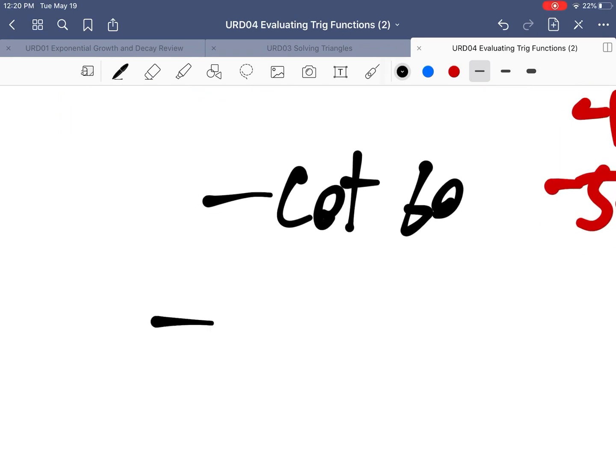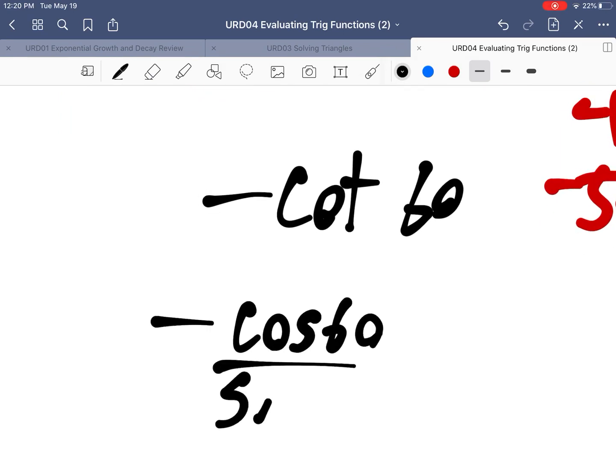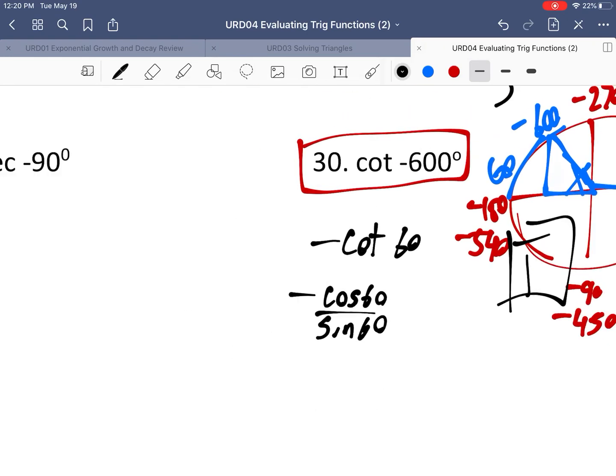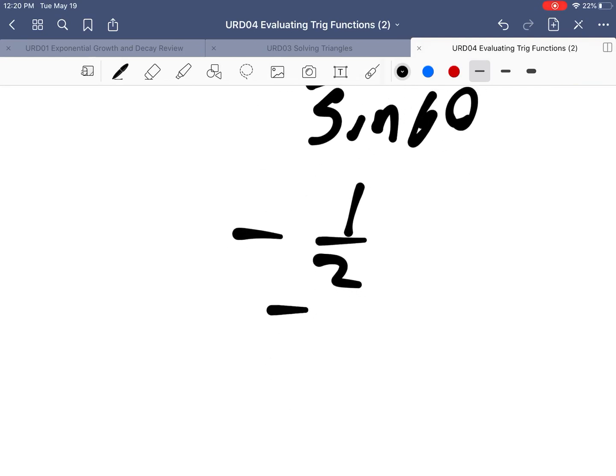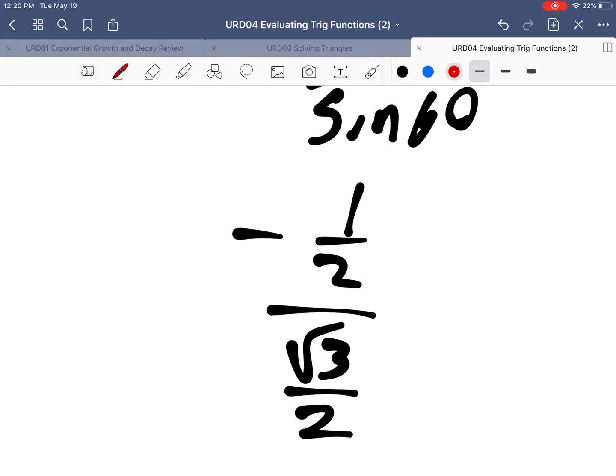60 degrees, because that's the reference angle, which can be rewritten as negative cosine of 60 over sine of 60, which can be rewritten as negative 1/2 divided by radical 3 over 2.